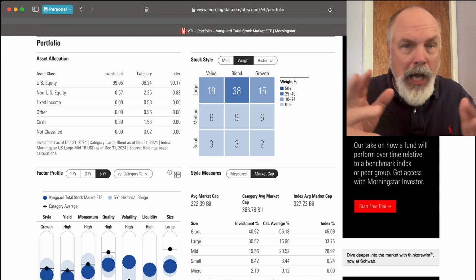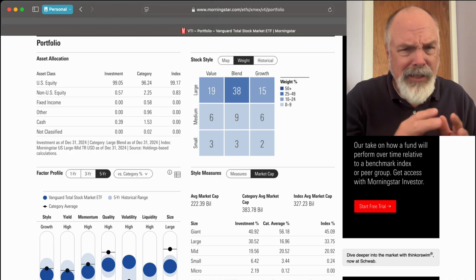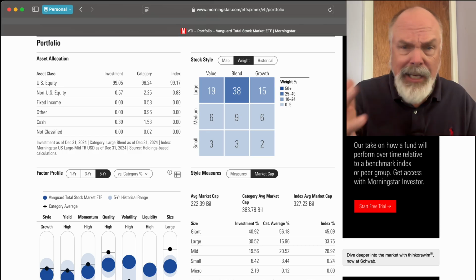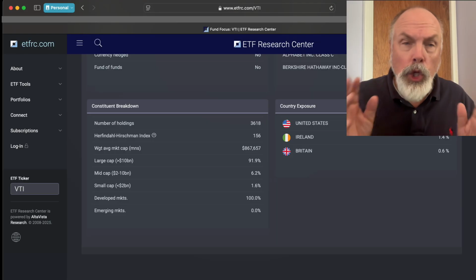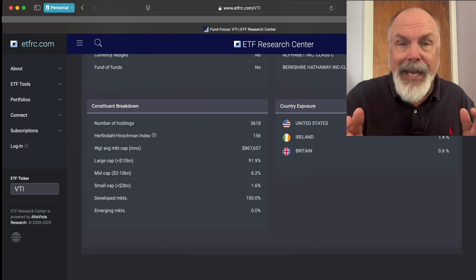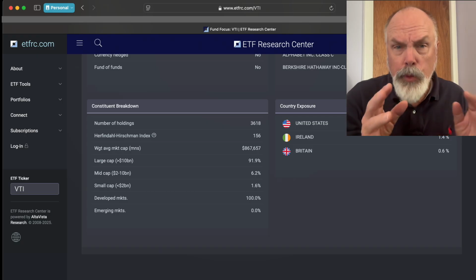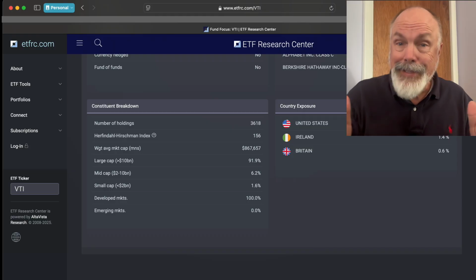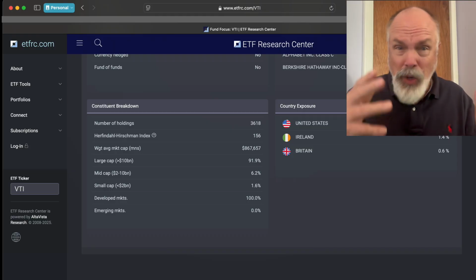And if you add those up, you might get something close, but nothing close to the data that Quicken was using in its data. So whose data should we use? I looked at another website called ETF Research Center, and it has its own take of constituent breakdown for VTI, with small cap at about 1.6% within its own categories.